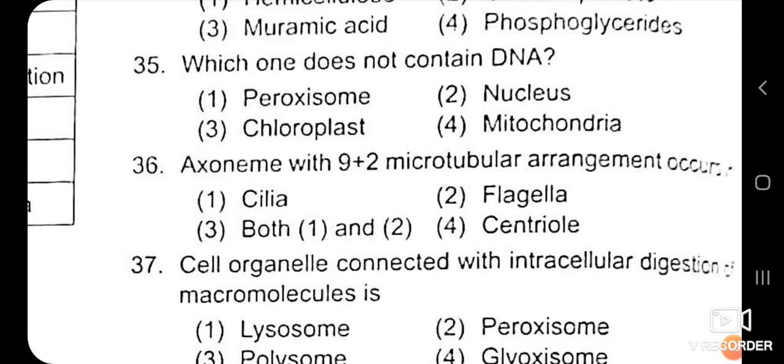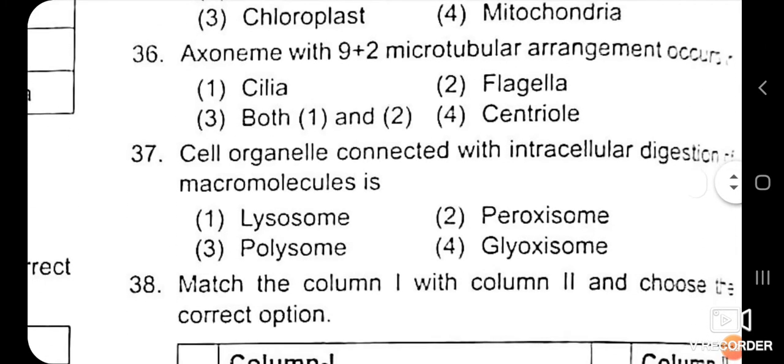We have seen it. Chloroplast is a cell organelle which has its own DNA. Nucleus ultimately has DNA. But peroxisome is a cell organelle which does not have its own DNA. So the answer of this question is peroxisome, which does not contain DNA.